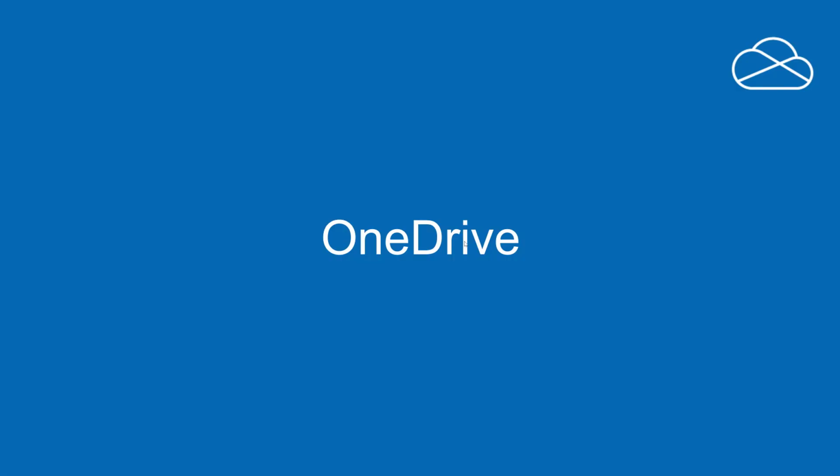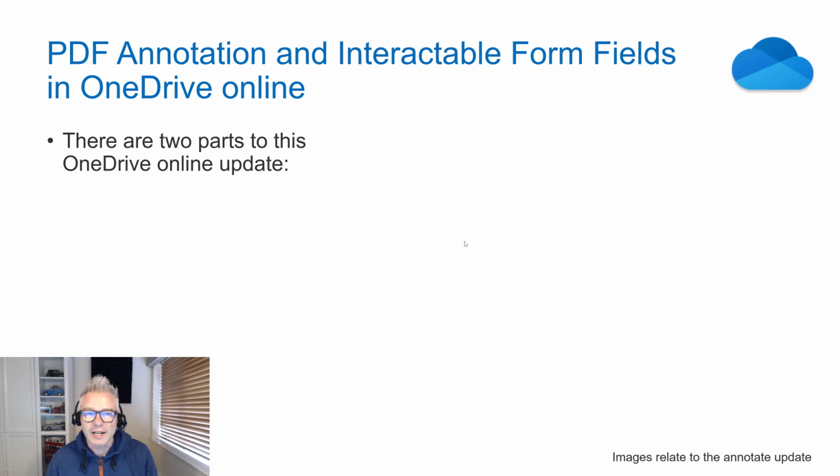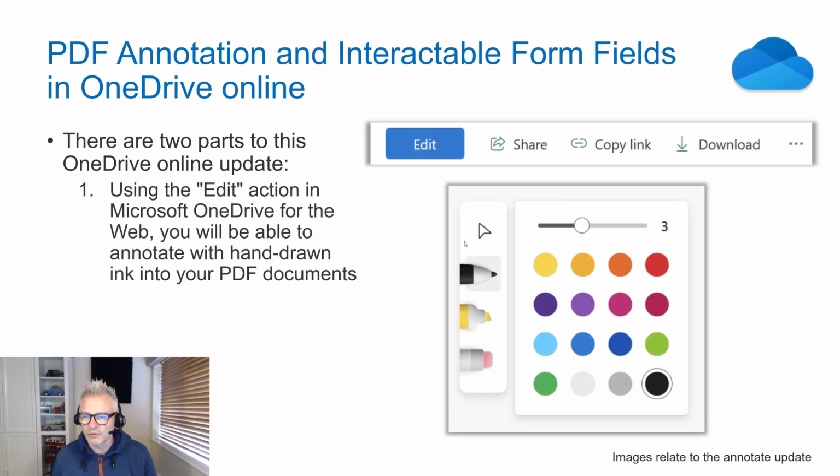Folks, we're going to start with OneDrive and PDF annotations and interactable form fields in OneDrive Online. Okay, two parts to this. First of all, it's the ability to edit your PDFs, and you can see on the screen there that you click on the edit button and then you can choose your pen.